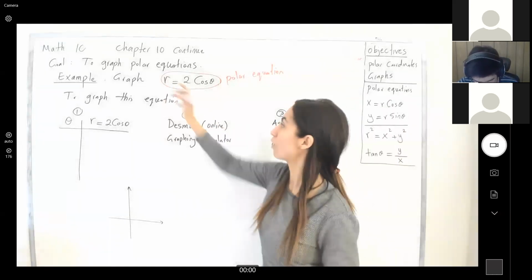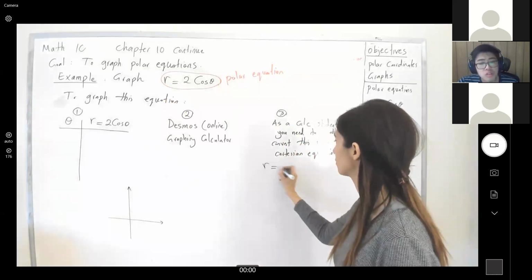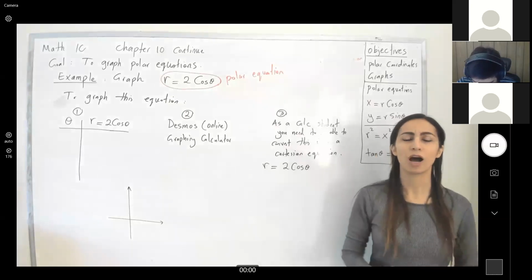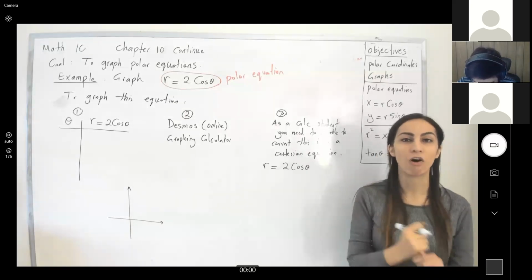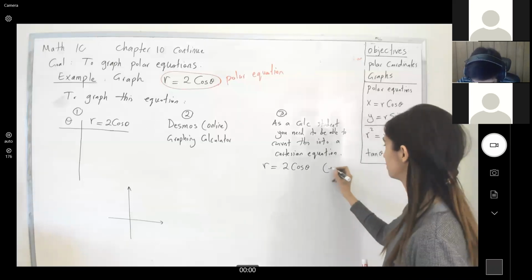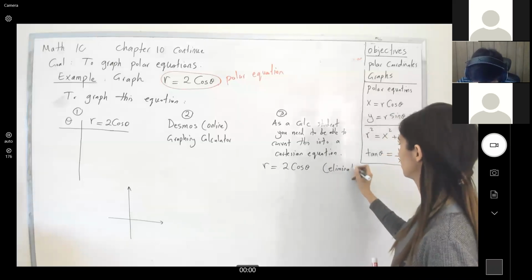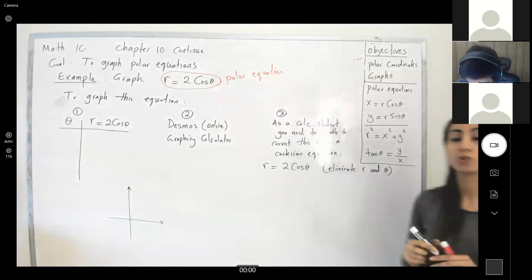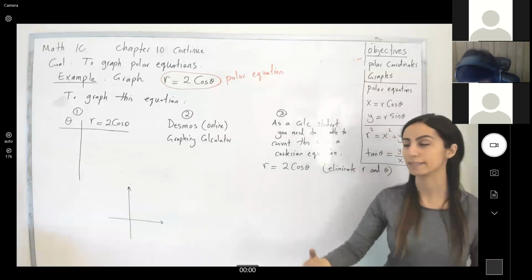What do we have? We have r equals 2 cosine theta. What I'm going to do is get rid of r and theta. My job is to eliminate r and theta.